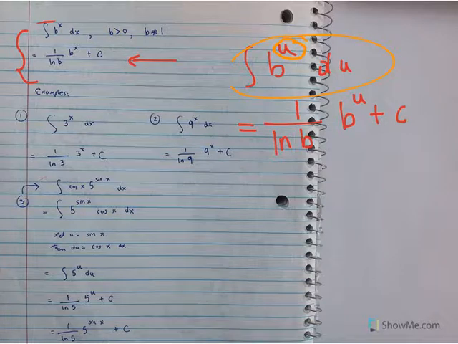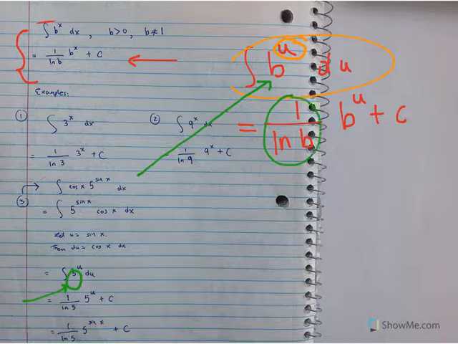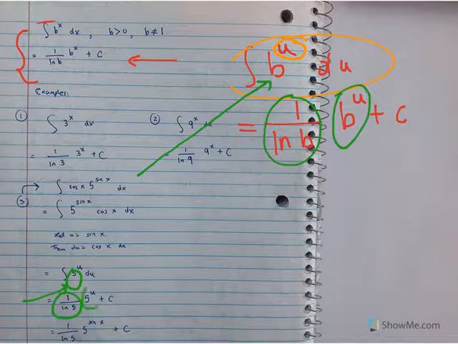So what is our integration rule? You look at the base of your power. The base is 5. So our integration rule says the antiderivative is going to be 1 over the natural log of the base. So I have 1 over natural log of 5 times the base to the u power, so 5 to the u power, plus c.